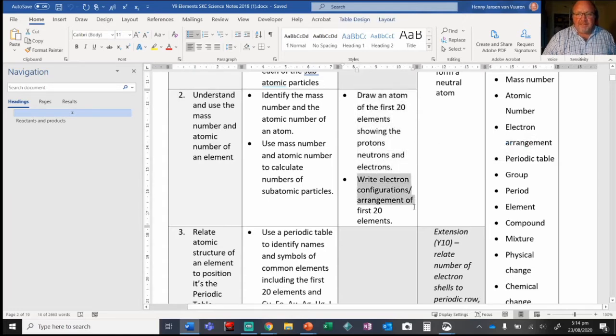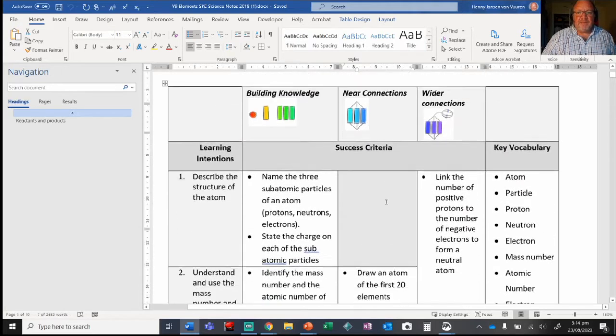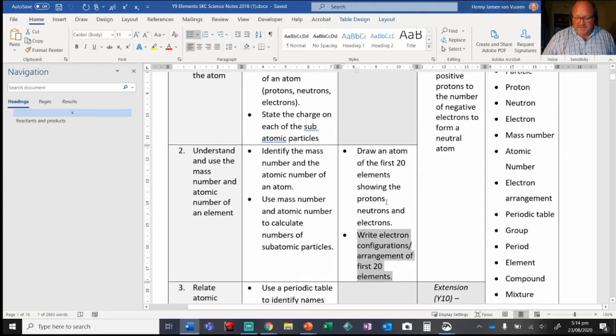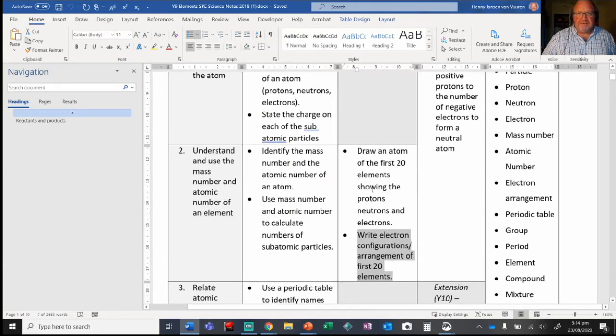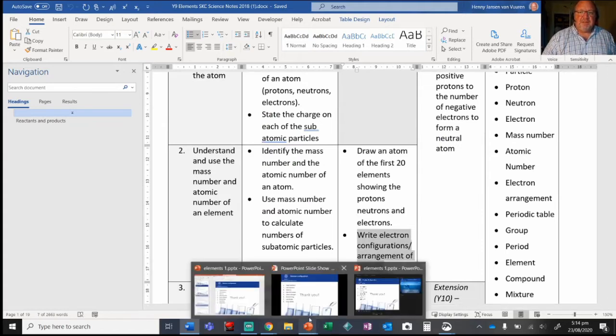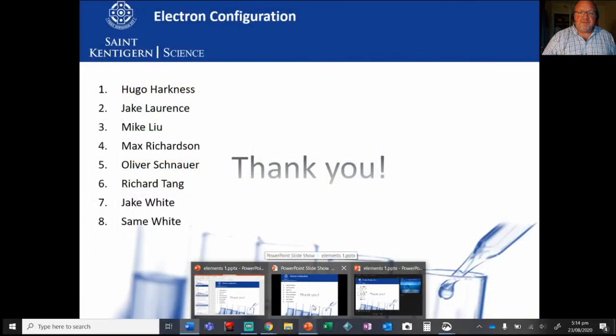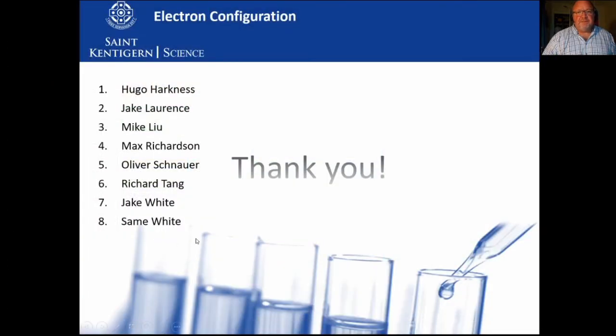Then write the electron configuration or arrangement of the first 20 elements, and only 8 people did that. So does that mean only 8 of you is going to get merit or higher? It's something you really need to ask yourself. How much do you think you are doing yourself either a disservice or a service to reaching your full potential?